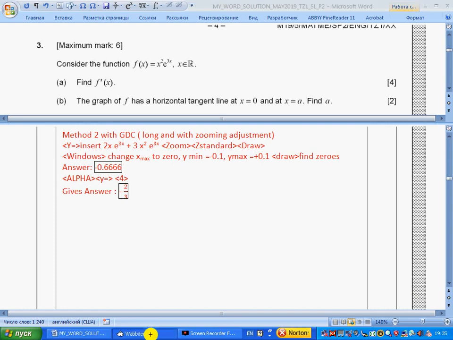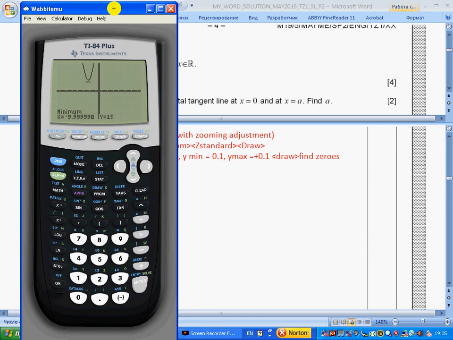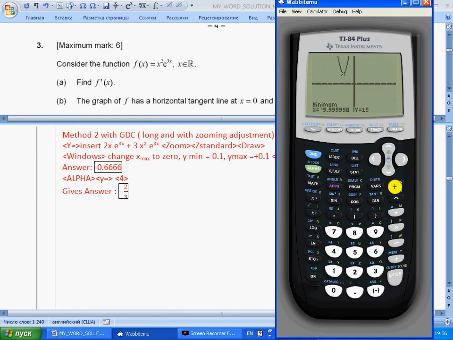Let us do it. We go to y equals, we clear, and now we insert our function.